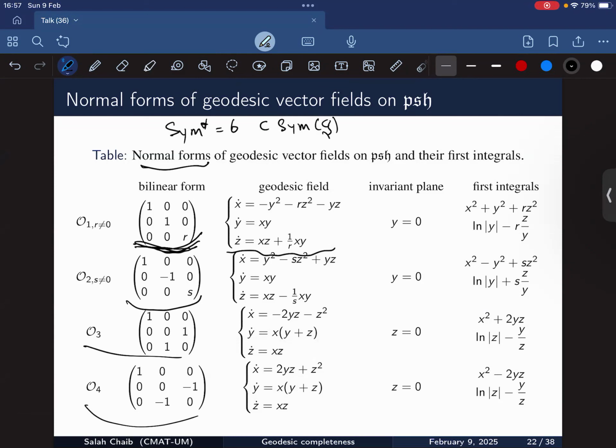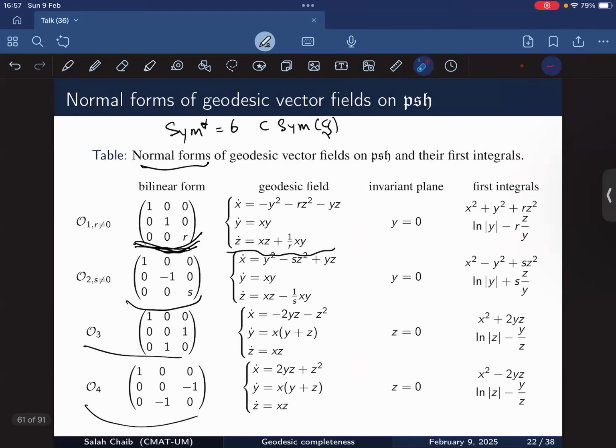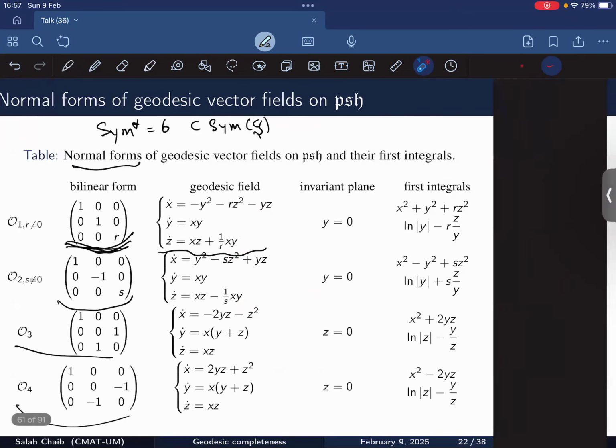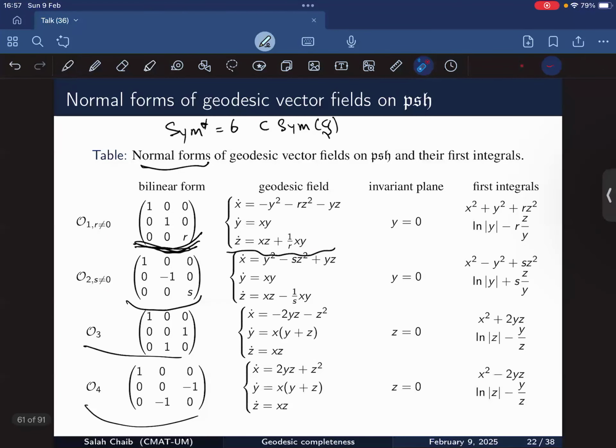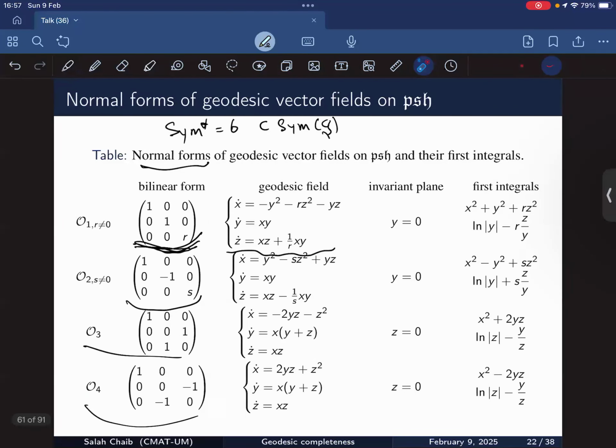If you see here, there is no way you can tell if it is complete or incomplete. Many equations are similar in writing, like this one and this one, for example. But you cannot tell whether it is complete or not without going through some analysis, which could be very complicated in some cases.